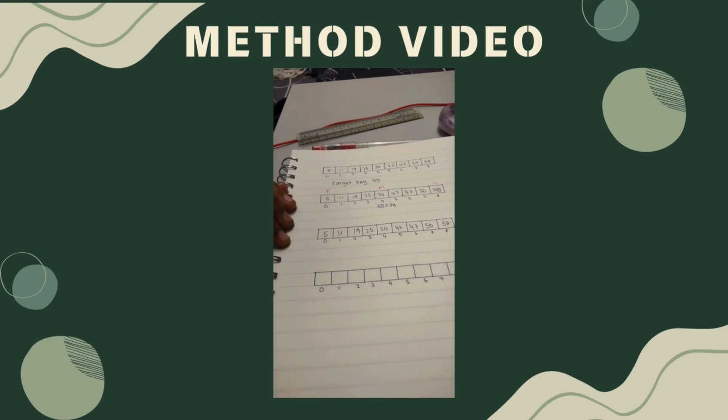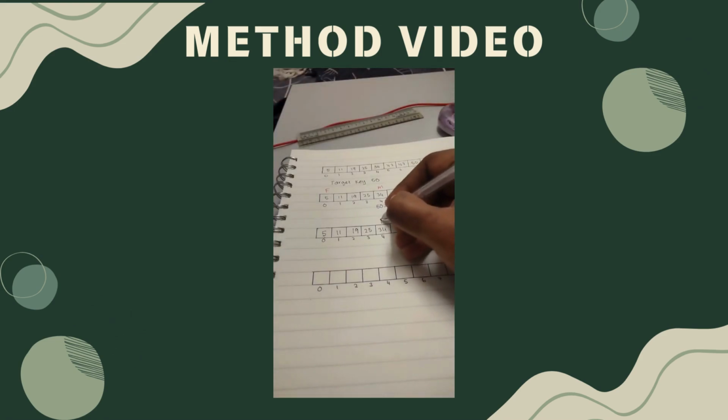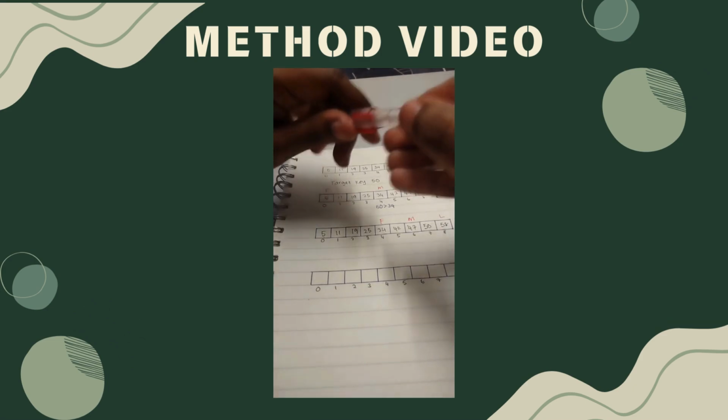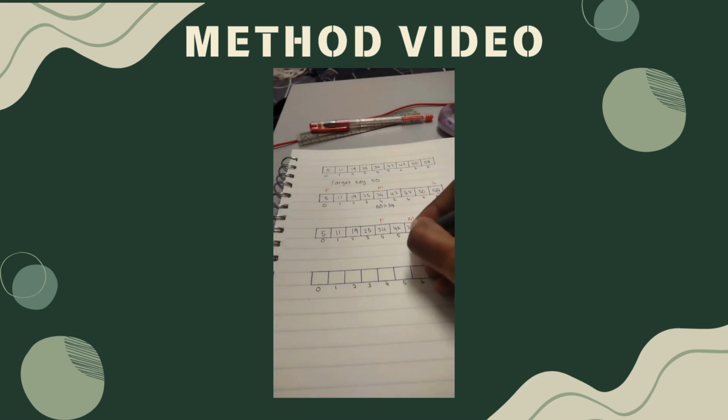First is here, middle is 47, index 6, last is index 8, 58. Now we compare the target key. 50 is more than 47, so here also we didn't get our target key.